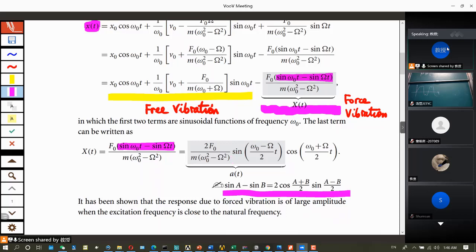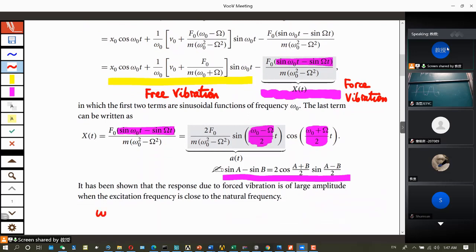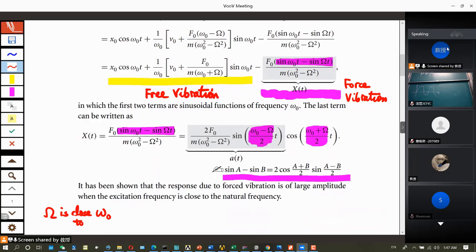Then you can get this. Okay, so we have two terms. One has this frequency, the other has this frequency. Okay, so now if capital omega is close to omega 0, this is very small.